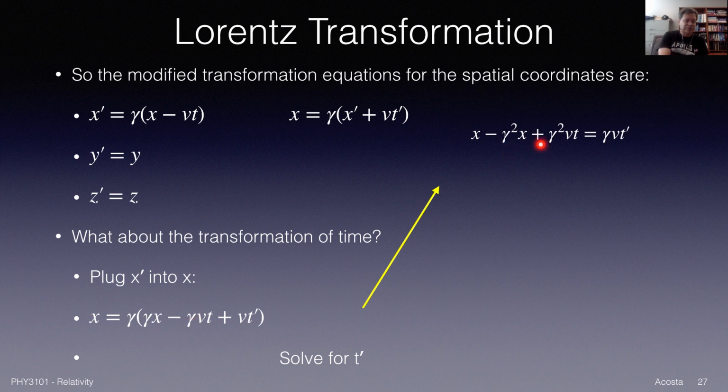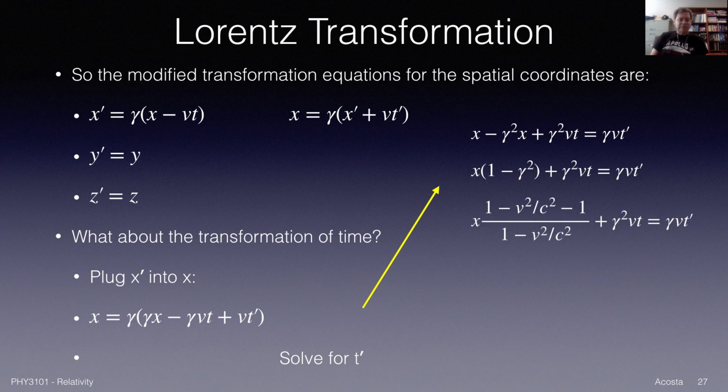Putting it on the left side means it switches to a plus gamma squared vt, and then that's it. Then I have a gamma vt prime that stays on the right, which I can slightly summarize by pulling out the factor x and have 1 minus gamma squared for these first two terms, and then the rest, the gamma squared vt and the gamma vt prime, here on the right.